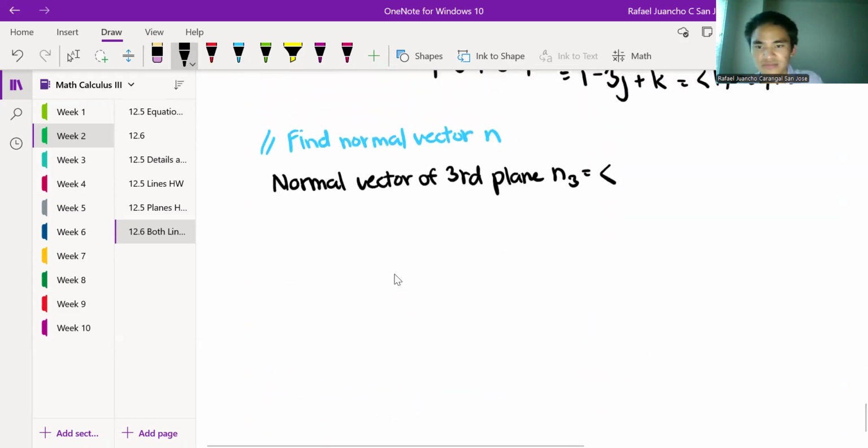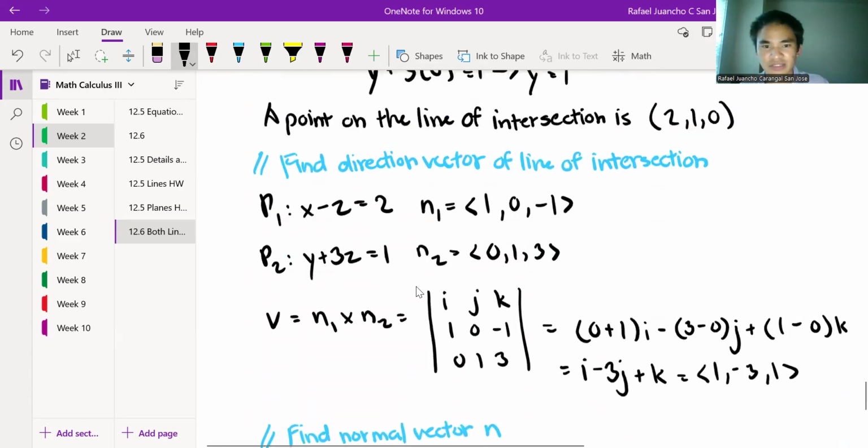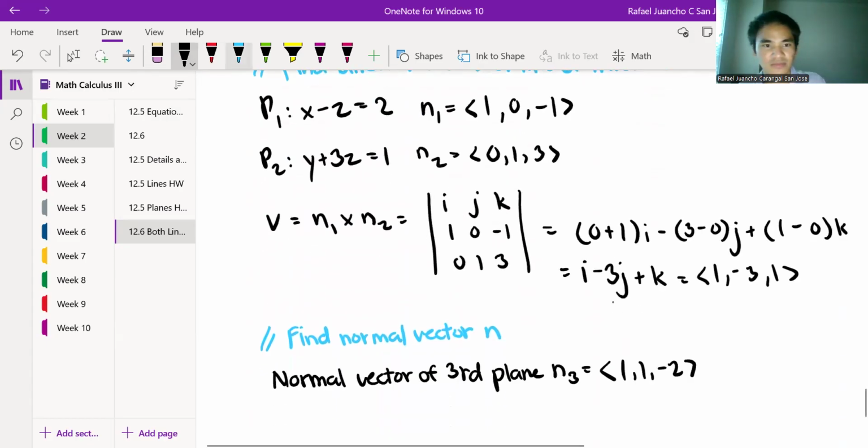That's it, right? Now we want our actual normal vector for the plane that we're trying to find, and we want that to be perpendicular to this direction vector here.